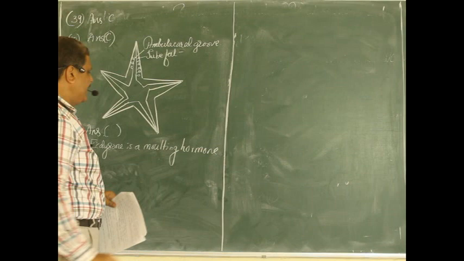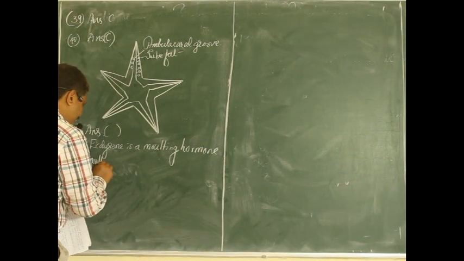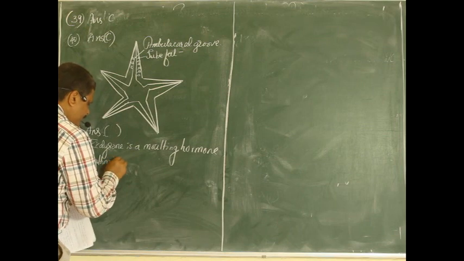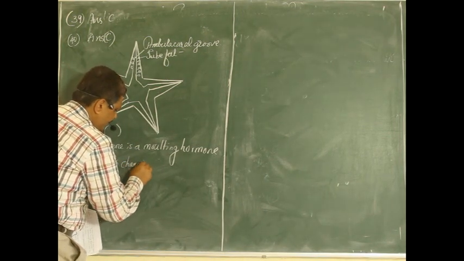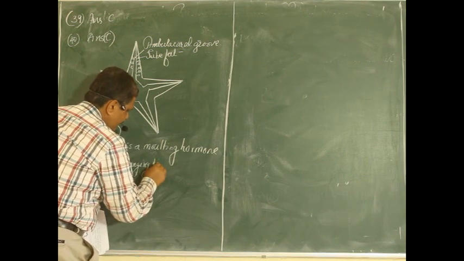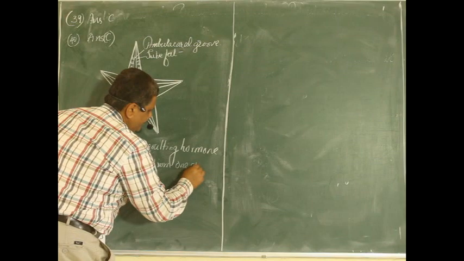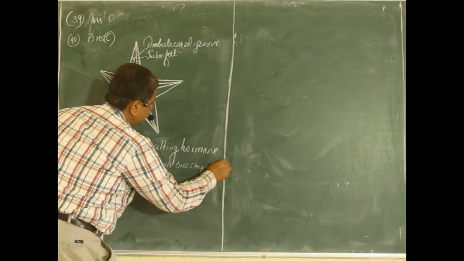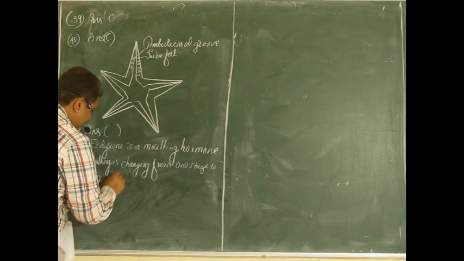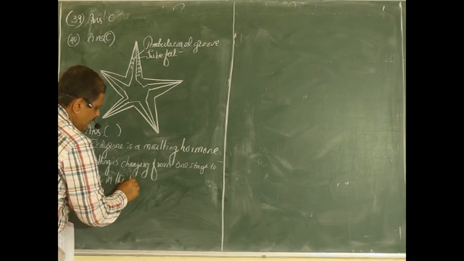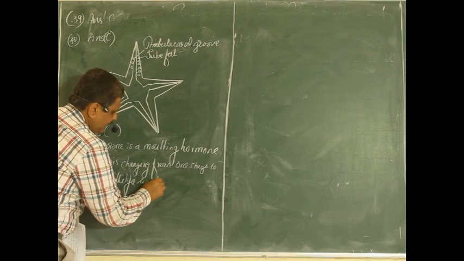What is molting? Molting is changing from one stage to another in the life cycle.